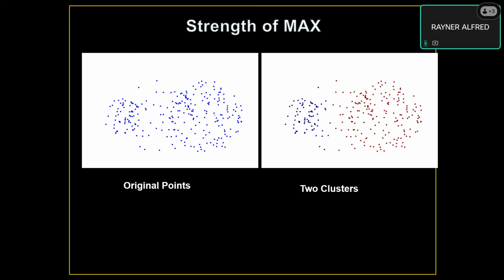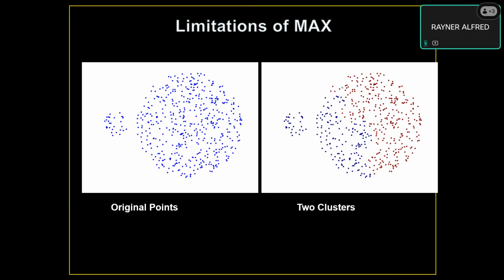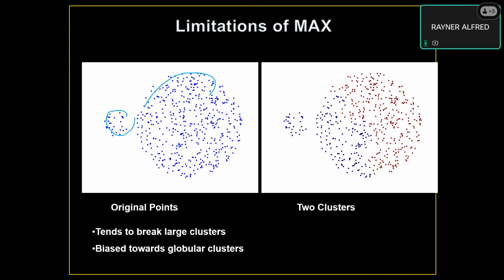So this one, the strength will be they are immune to noise and outliers, which is the opposite compared to minimum. But they tend to break large clusters. Okay, so this one, they are biased towards globular clusters. Globular cluster means clusters that look round. Okay.